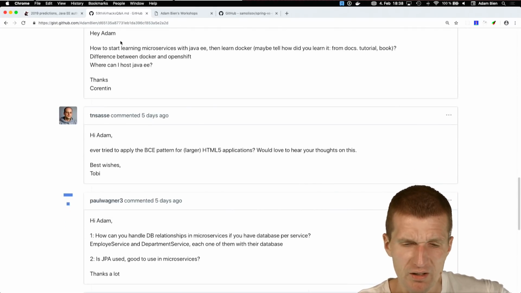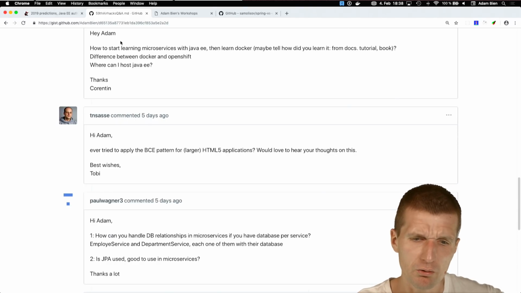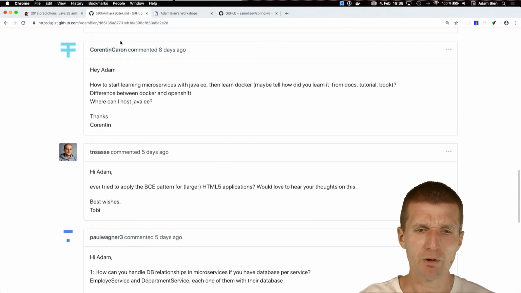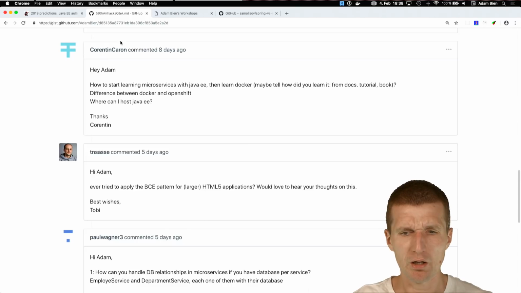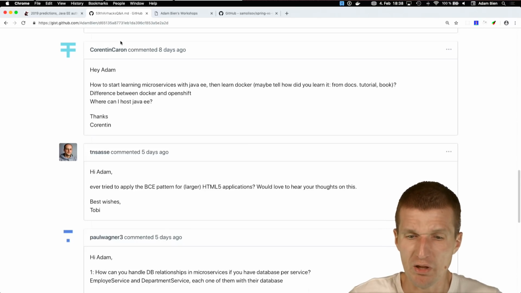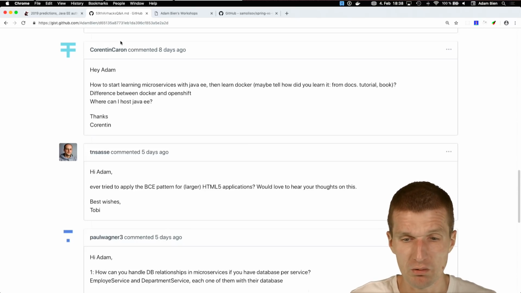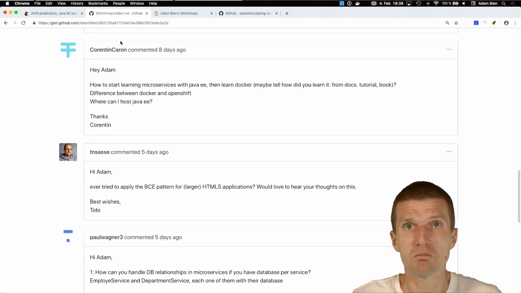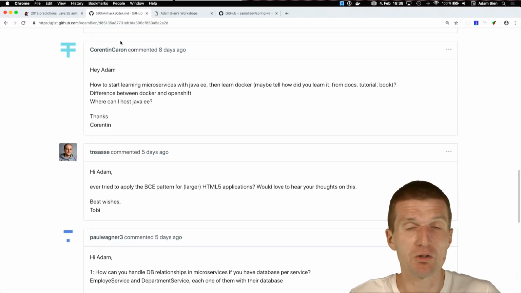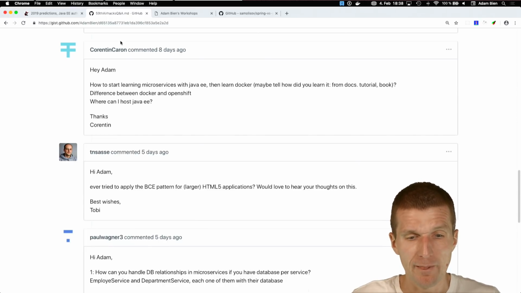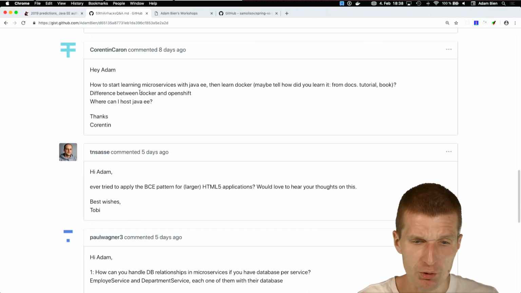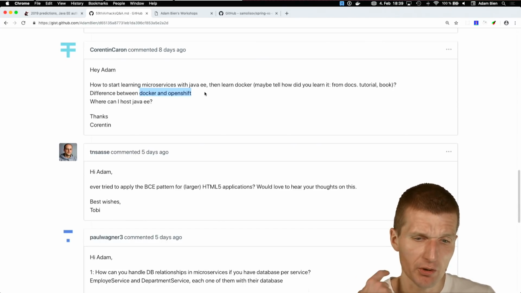I don't think you need a lot to learn Docker. So I think if you already listen to the show, you probably understand a little bit, then Docker is just like virtualization, a faster version of virtualization. Think about that. And the difference between Docker and OpenShift. This is a very simple distinction.